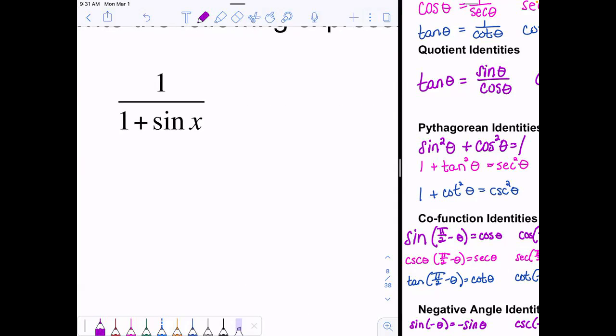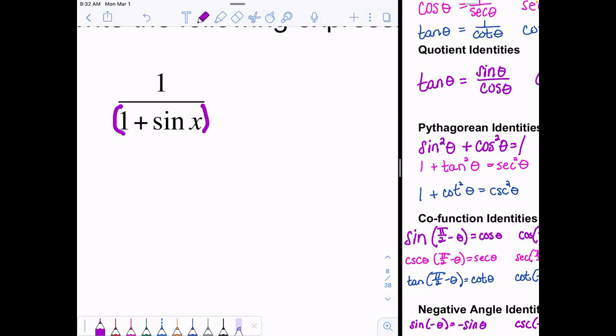What did we multiply by when we were talking about imaginary numbers? What did we multiply by to rationalize the denominator? 1 minus sine. Yeah, do you remember what that's called? Begins with a C. Anybody remember what that's called when you multiply by the opposite? The conjugate.